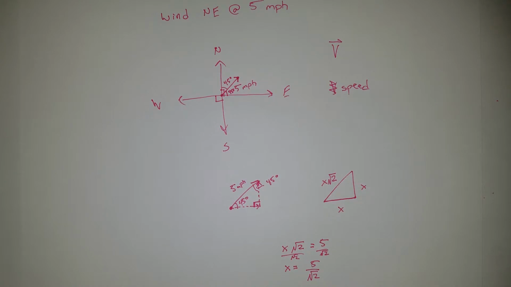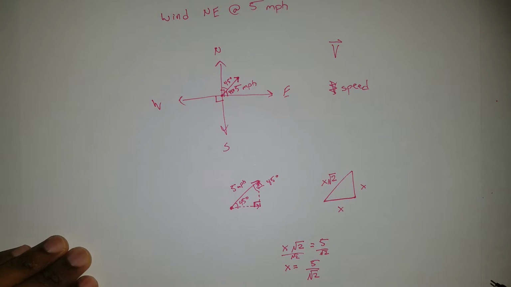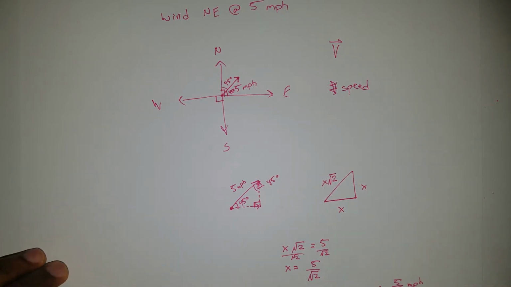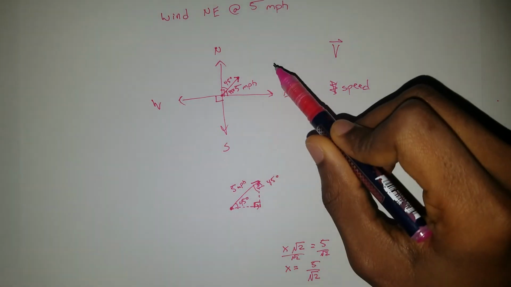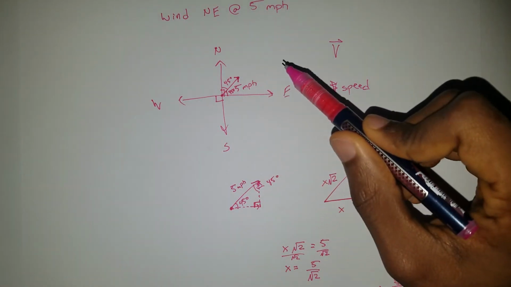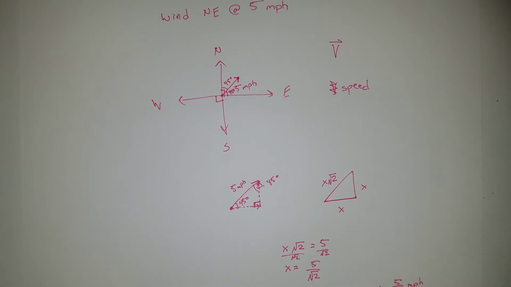So what we really have is a wind speed in the north of 5 over radical 2 miles per hour, and in the east of 5 over radical 2 miles per hour as well, combining to make a combined vector of 5 miles per hour.